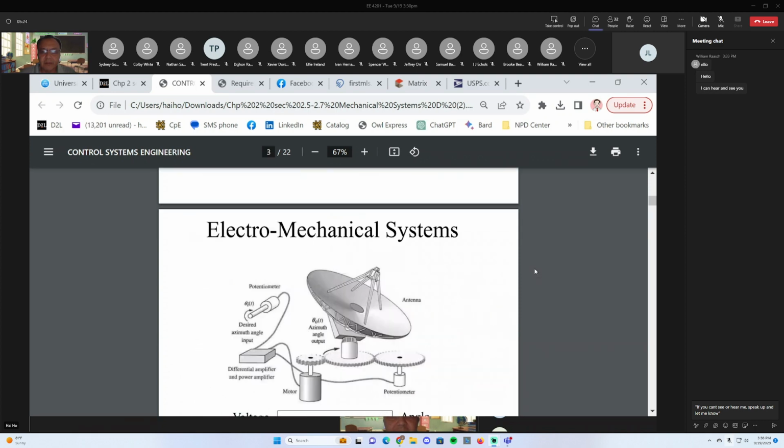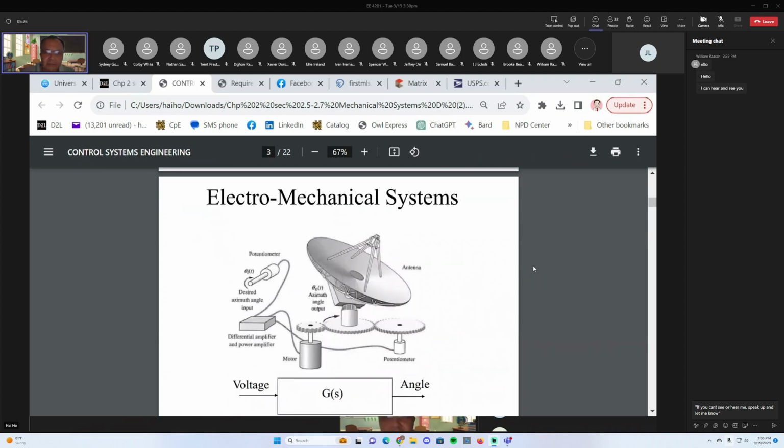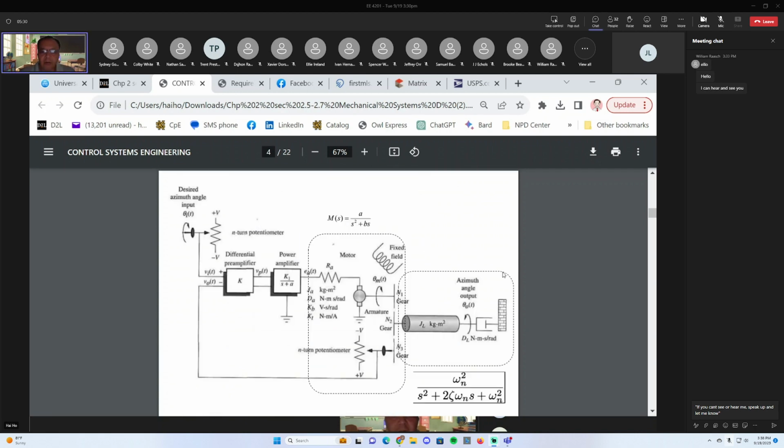Okay. So of course, we looked at a mechanical system like this radar system, where the corresponding simplified schematic is like this. Here's the electrical part of it. The controller, the amplifier. Here's the motor system with the armature and the torque and the angle, and here's the load, inertia, and dampening coefficient.